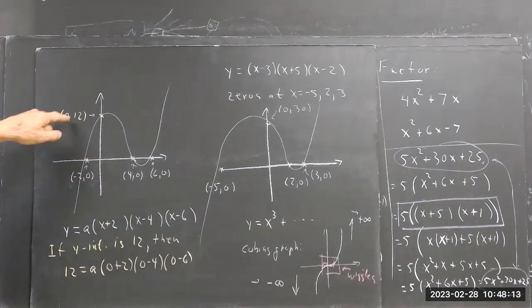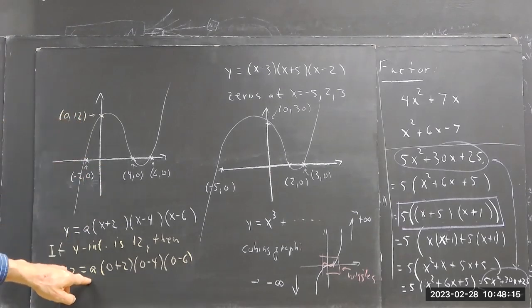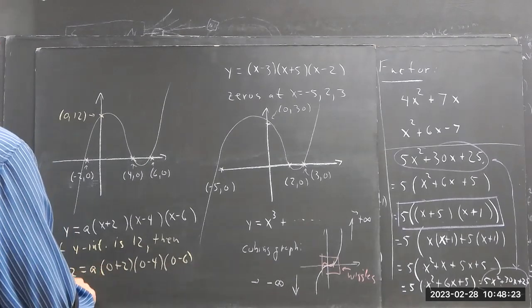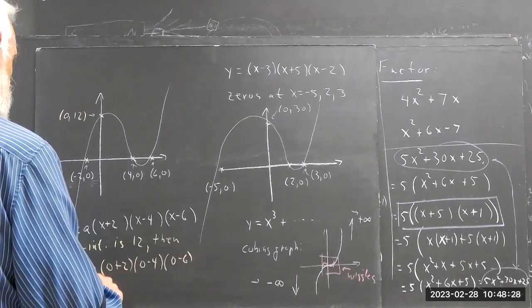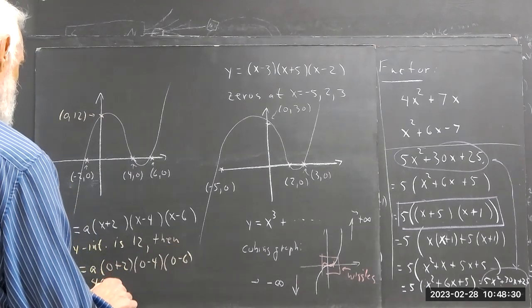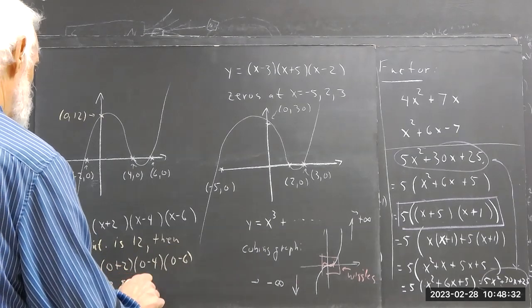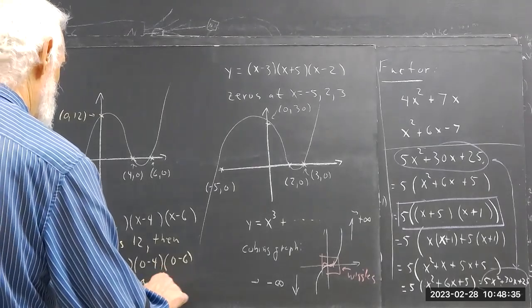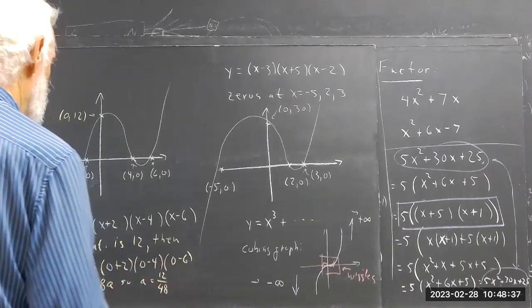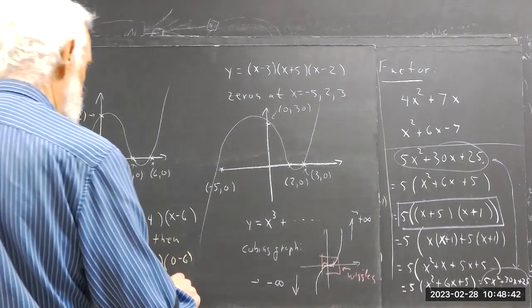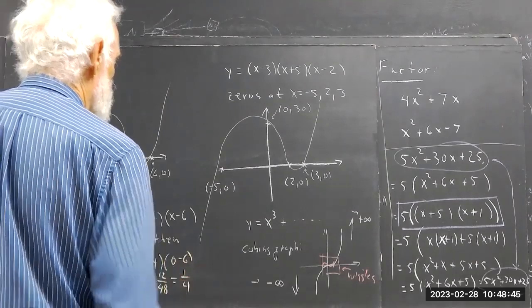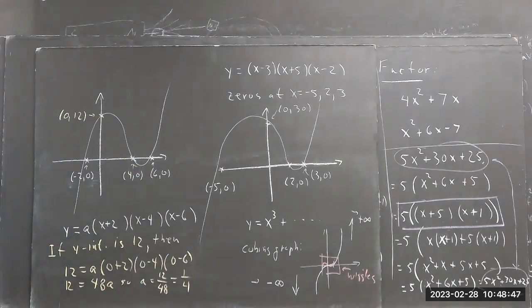You plug in 0 for x, 12 for y, and you can find a. That's real easy. So you get, well, that's 48. If 12 equals 48a, then clearly a is 12 divided by 48, which is 1/4.